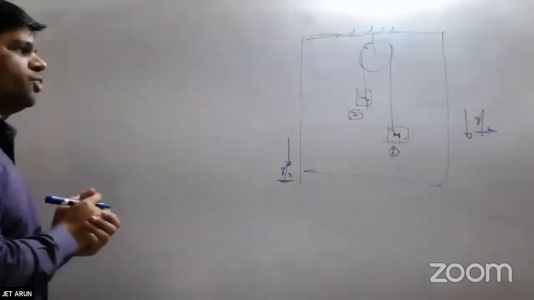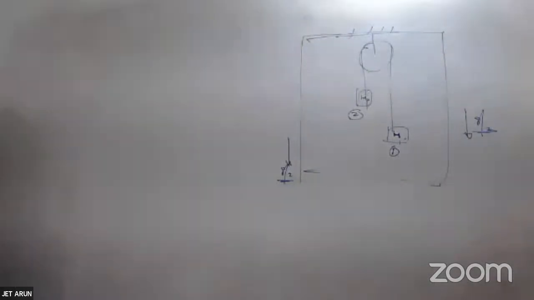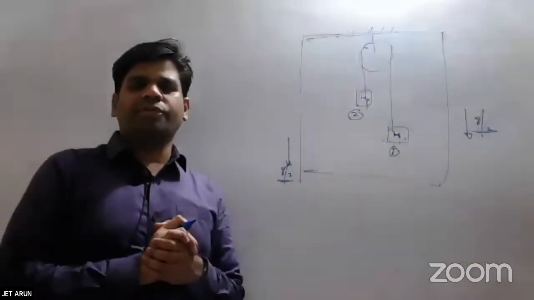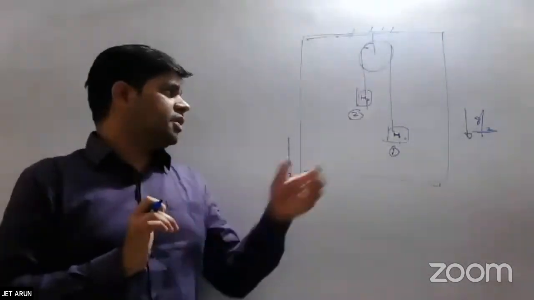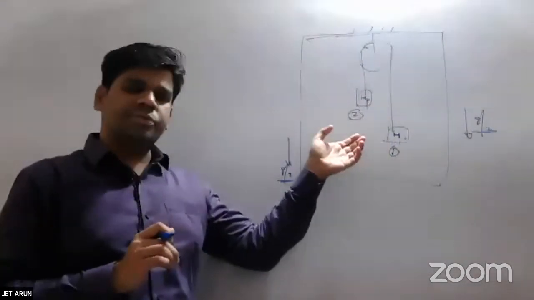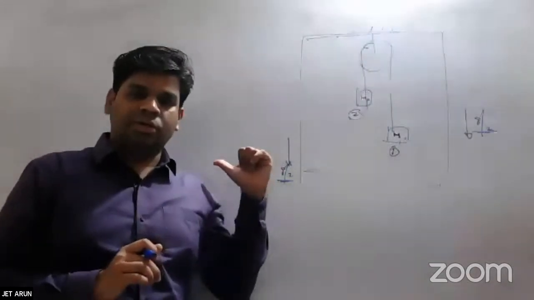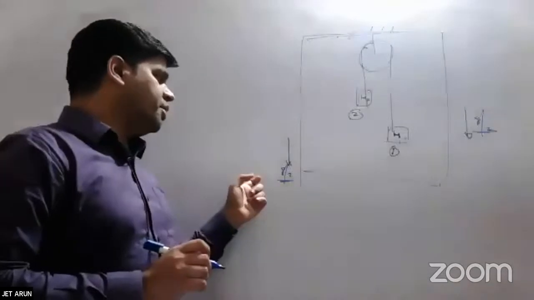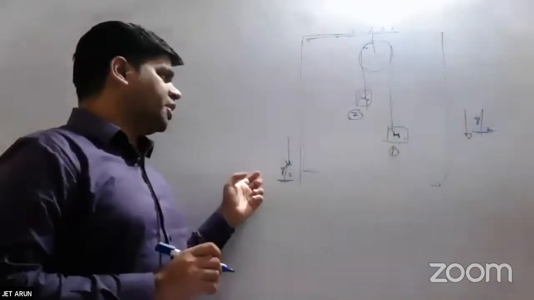So 1 is to be at rest with respect to ground. That means with respect to ground, acceleration is supposed to be 0. Rest means it's in equilibrium or uniform motion. If at all I give it some velocity, it will continue to move with that velocity with respect to ground. But if this is at rest with respect to ground, its acceleration is 0 with respect to ground.